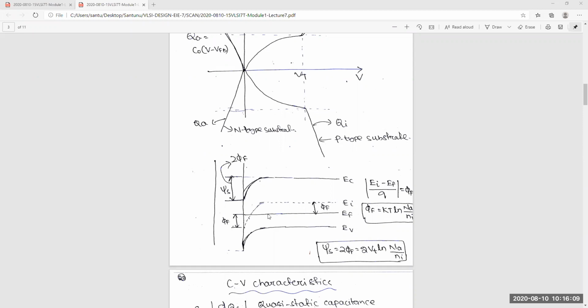Everyone will follow this bending, so this also will bend by phi f. This we generally call psi s, so this is 2 phi f, generally 2 V_T ln(Na by Ni).